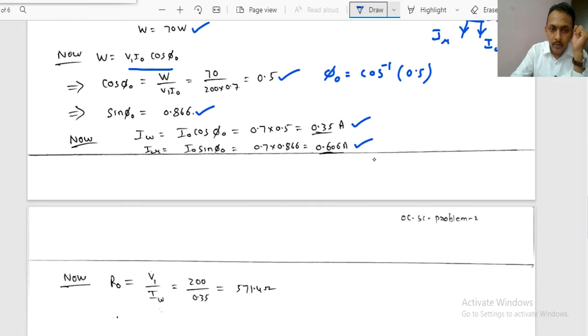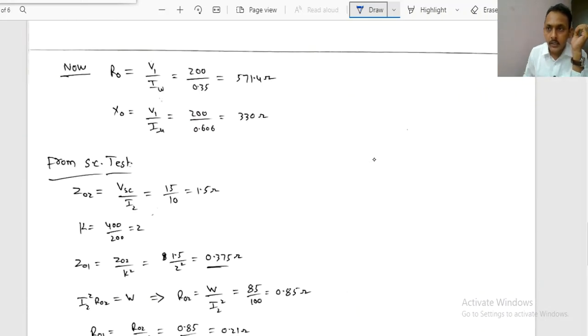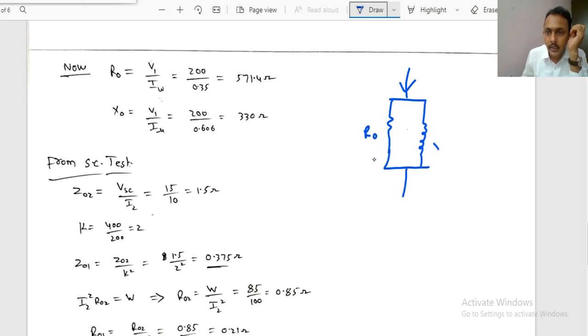Now, observe. But what about R naught? It is simply V1 divided by IW. Like this, we are having R naught, X naught. Now this R naught, X naught value you are supposed to calculate. This is I naught, right?